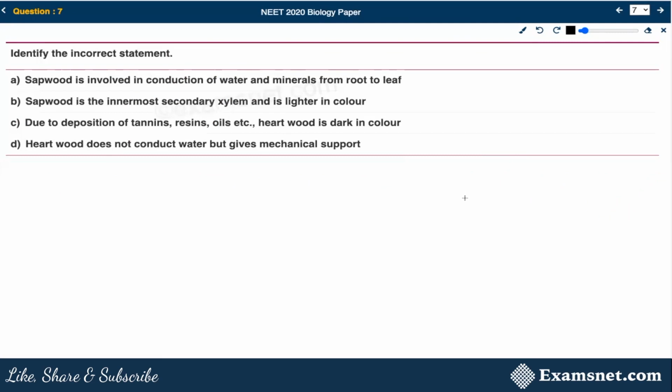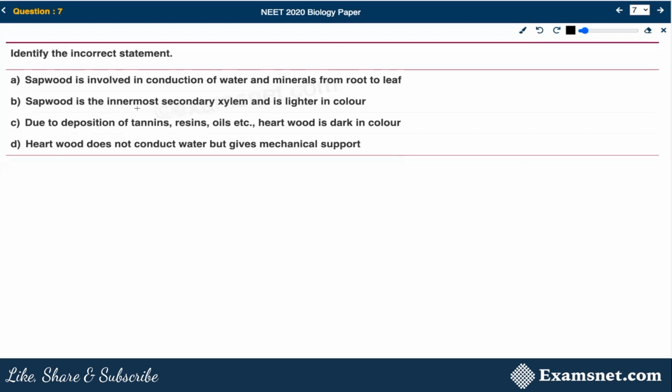The next question says that you have to identify the incorrect statement from the 4 statements given over here. The first statement says that sapwood is involved in conduction of water and minerals from root to the leaves. All right. So that is the case.